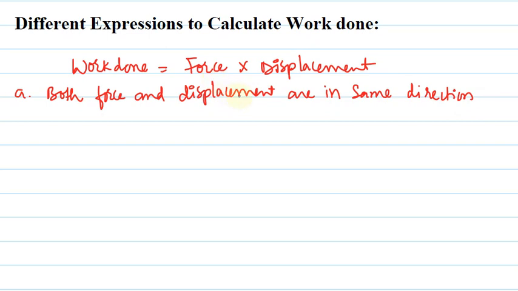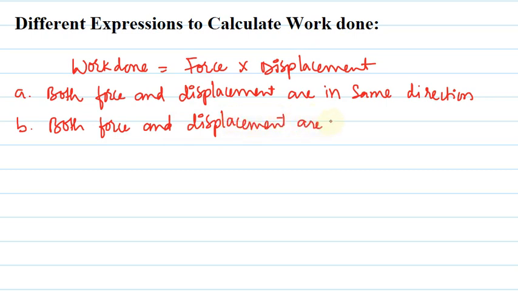Force is a vector and displacement is also a vector, right? Second possibility is both force and displacement are in opposite direction.